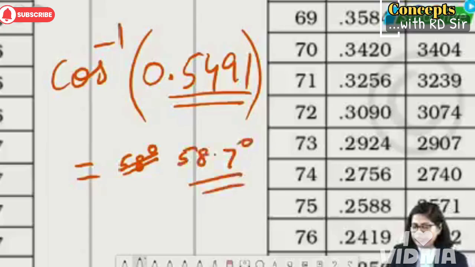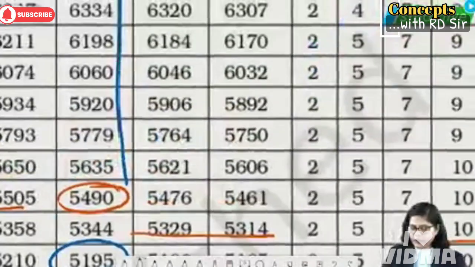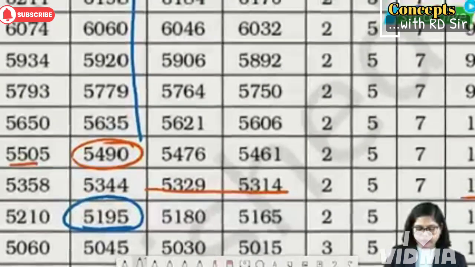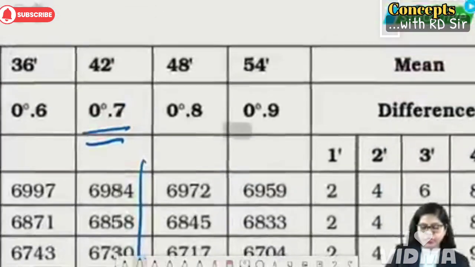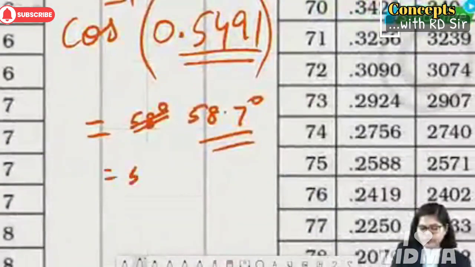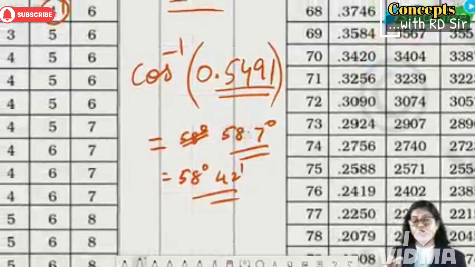Either we can write it like this or we can write 58 degrees and, what was the number? Yes, this particular number, what was the column here? 42 minutes. So you can write either answer. You can write 58 degrees 42 minutes, or 0.7 degrees also. So both answers are correct. Okay, so this is how we are going to find the inverse value. Yes, in numericals, when you have to find the inverse, this will be useful for you all.